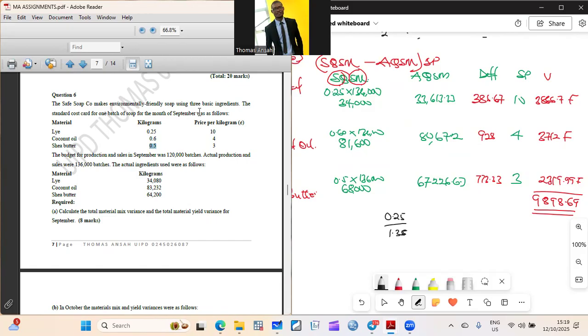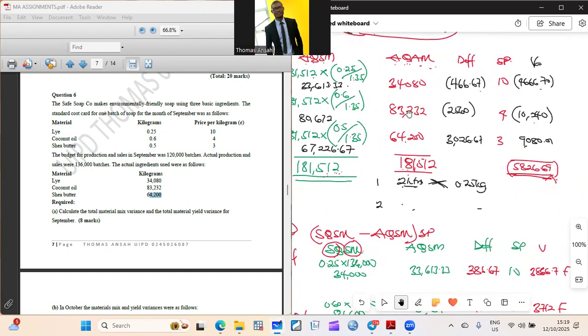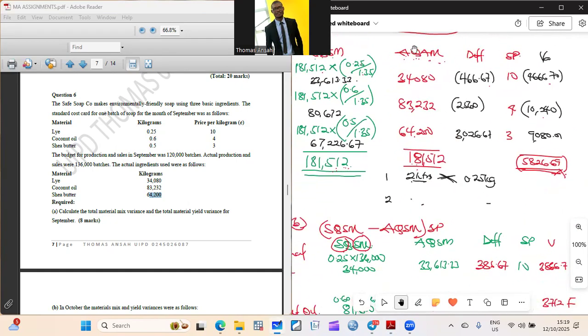Remember, the thing is simple. When you were doing AQAM, you saw what happened. AQAM. You are picking the total of your AM. So let me go back to that. It's the same thing that happens here. So you remember that the AQ, the actual quantity, and please don't forget, it is the totals we are looking at.